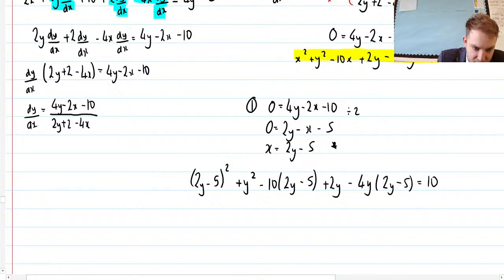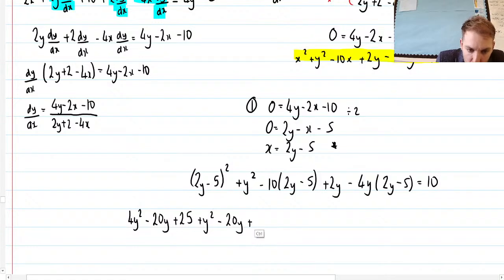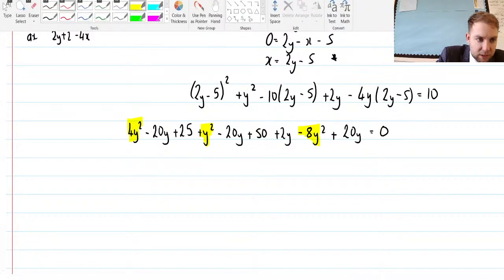So let's square this first term. I end up with 4y squared minus 20y plus 25, plus y squared, minus 20y, plus 50 expanding that out, plus 2y, and I put that equal to 0 instead of 10.